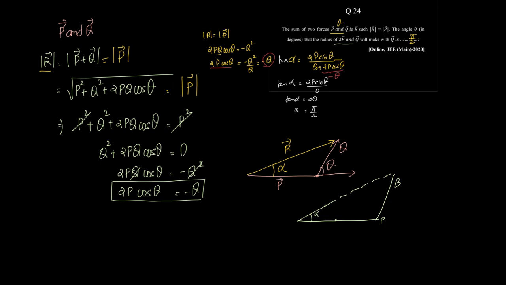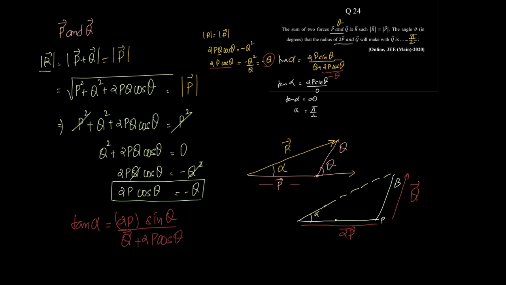What is the angle that the resultant makes with one of the vectors? That is expressed by tan alpha equal to p sine theta, but instead of p we have the new vector, 2 times vector p, so 2p sine theta, by the second vector q plus 2p cos theta.